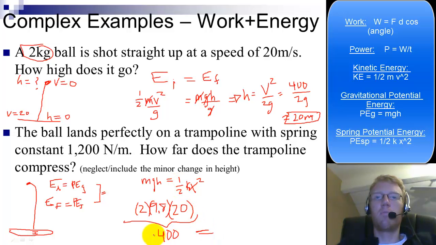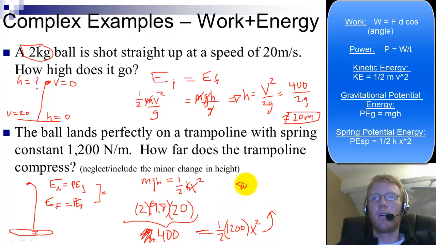So times both sides by 2. I'm being a bad teacher. I'm being a really bad teacher. Let me back up. I'll just put in the 1/2. k is 1200. And we've got x squared. Okay, so multiply both sides by 2. That gives us an 800 here. Divide both sides by 1200.